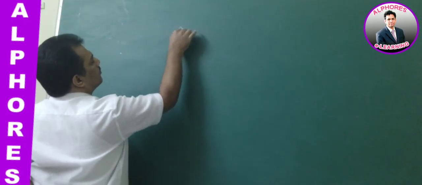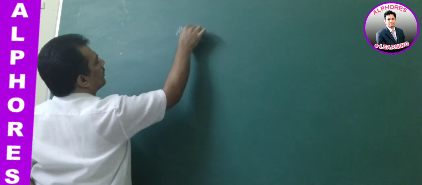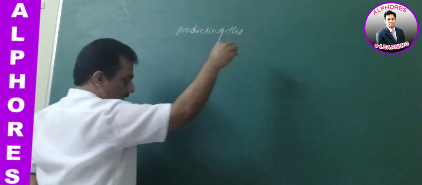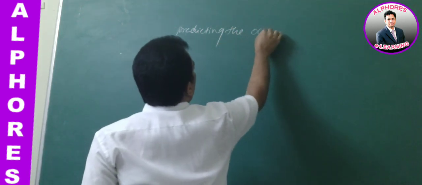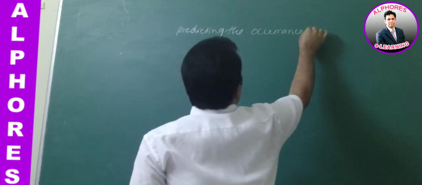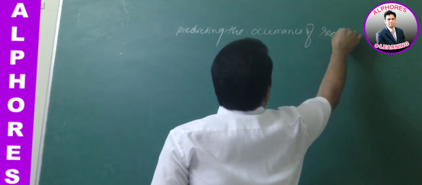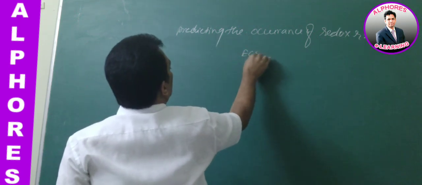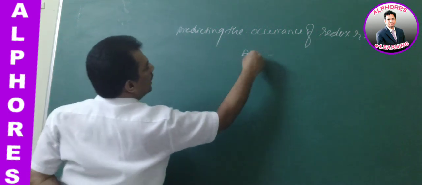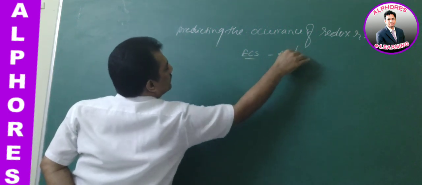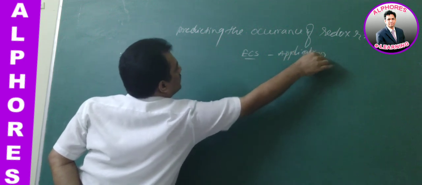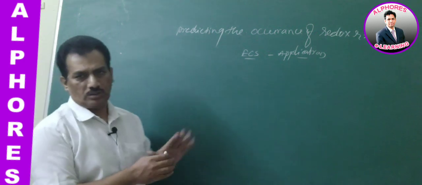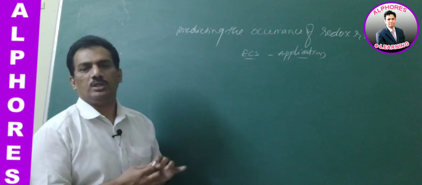That is, predicting the occurrence of a redox reaction, and ECS, the electrochemical series, and its applications, where we are applying this. In all these cases, we have so many logical questions, you remember. That's why you have to follow theoretical questions. All these parts are related to theoretical questions.